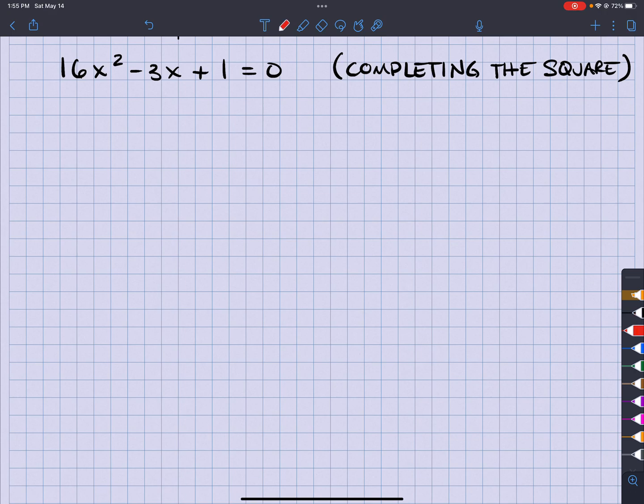All right, so there's only one issue with completing the square. In order for us to start, a has to equal 1, but if you notice, a is equal to 16. So therefore, it's not equal to 1. So what do I do? I go ahead and divide every single term by 16.